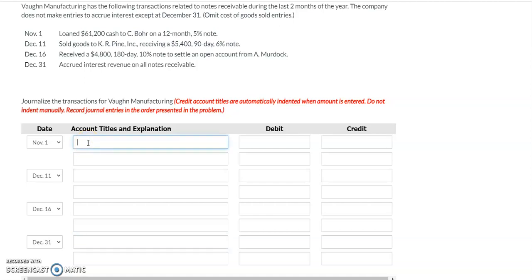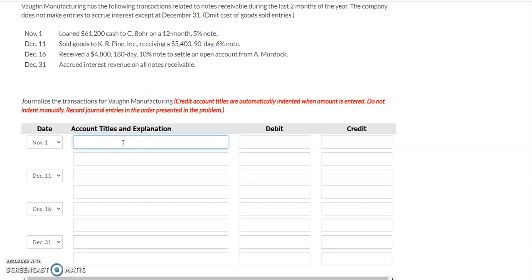So in the first part of this, on November 1st, the company loaned $61,200 in cash to CBOR on a 12-month 5% note. So later on, when we receive that interest, we know that we're going to receive a 5% interest on the amount that we loaned out.